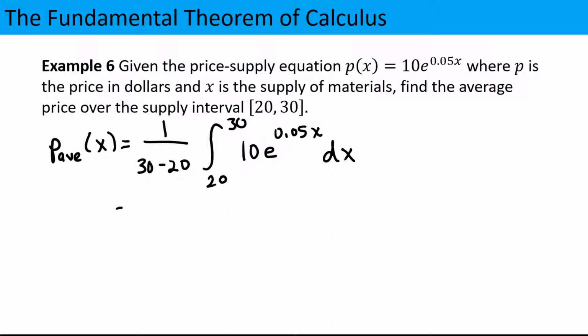Continuing, 1 over 30 minus 20 is 10, and let's use our TI-84 to compute this numerical integral.